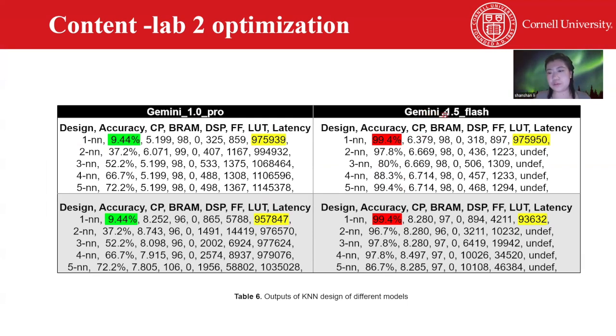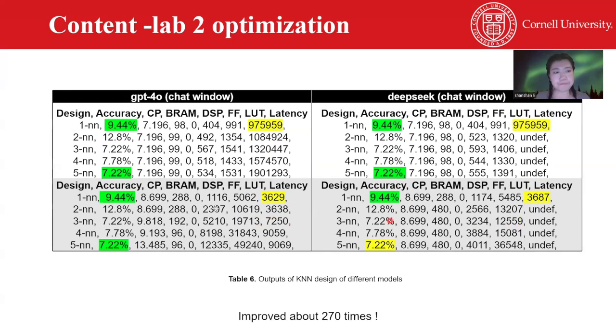For 1.5 Flash, the latency is reduced, but the accuracy is too low. But for ChatGPT-4o and DeepSeek, we can see that the error rates are really low for these two, both about 10%. And the latency greatly reduced after optimization, by about 217 times.